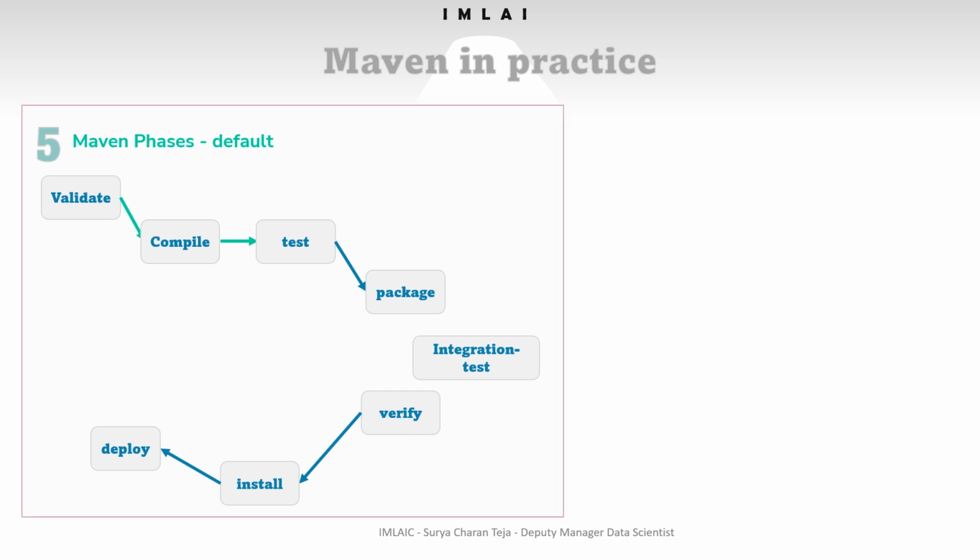For example, if you execute the compile phase, the phases that get executed are, first validate, then in between generate sources, process sources, generate resources, process resources, and finally compile. We'll take one more example: executing a package, which we are going to do in our next practical demonstration of maven.